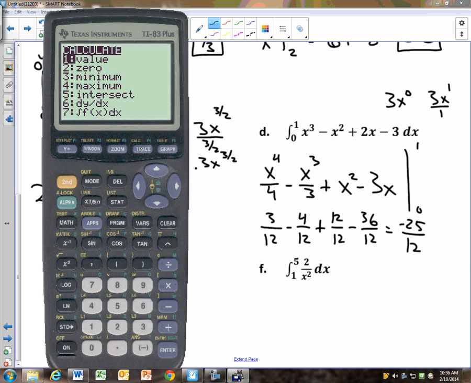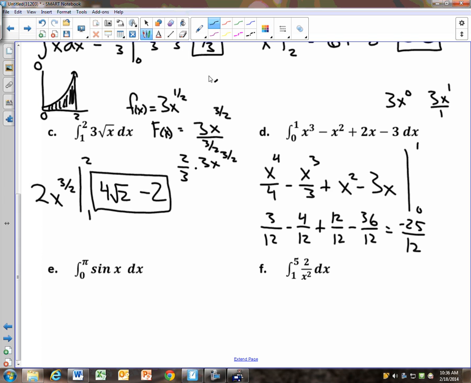We can do the definite integral now, and we evaluate it from 0 to 1. What do you notice about the area? If it's below the x-axis, it's counted as negative area. So is it okay? Yes. It's just fine.